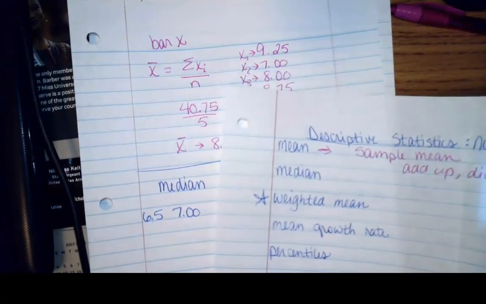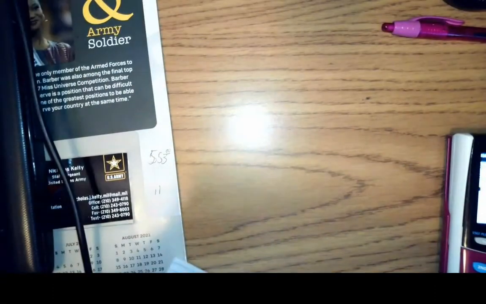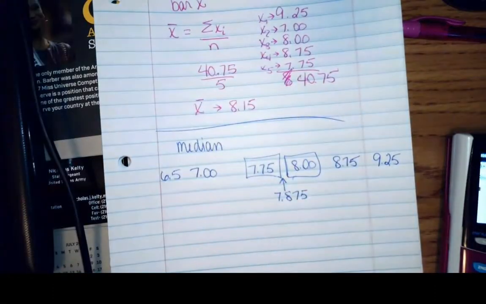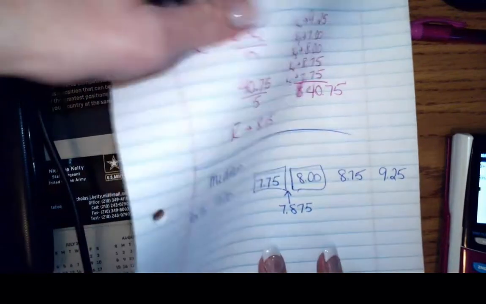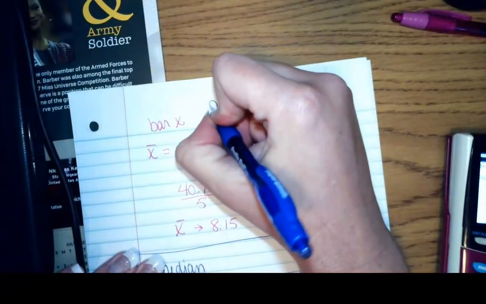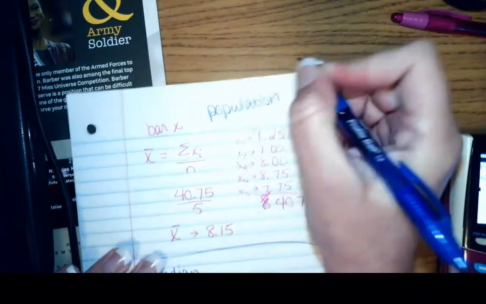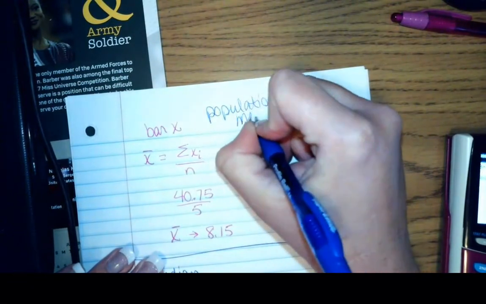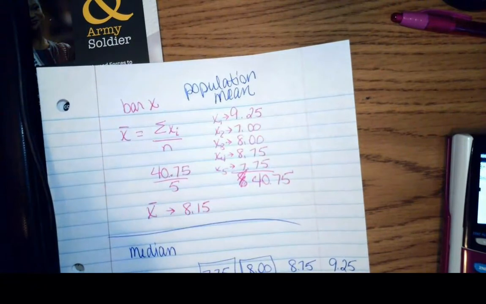Everybody that lives in my house would be the entire population, but a sample would not be everybody that lives in my house. For a population, it's the same process, but the way we refer to it is slightly different as far as notation goes.